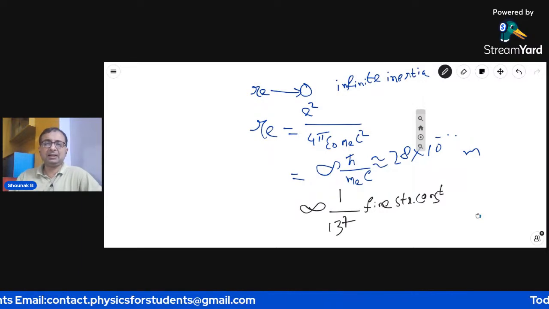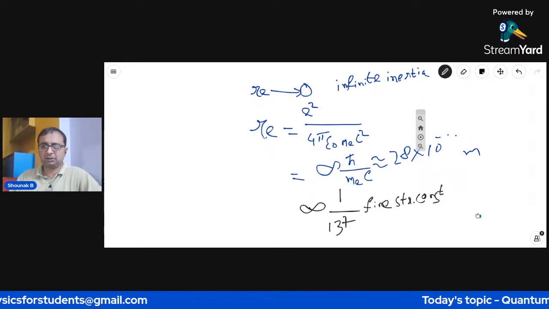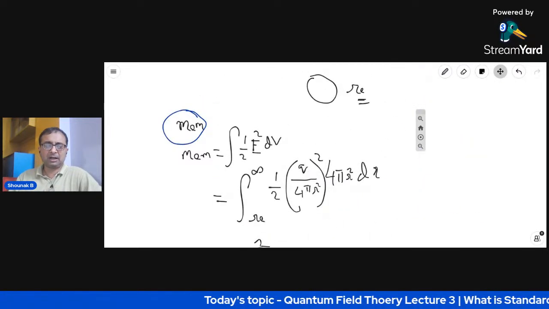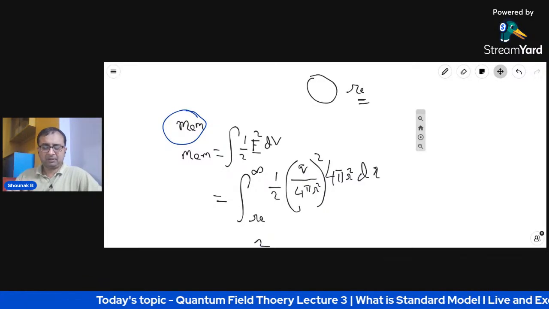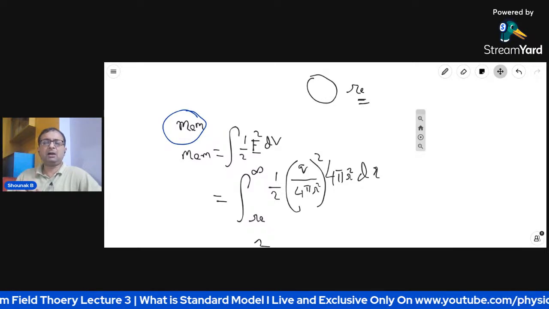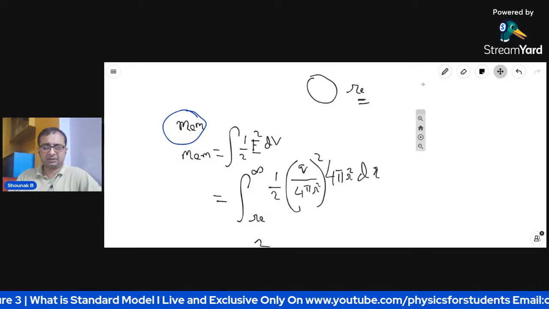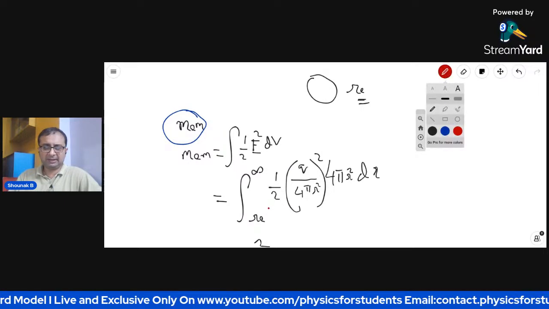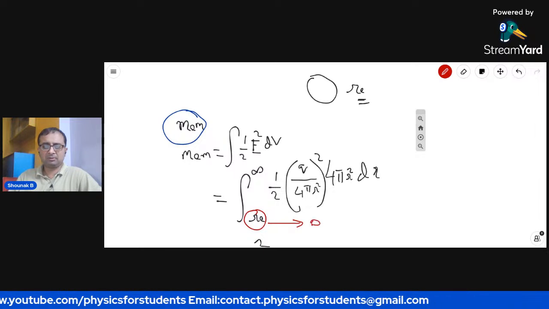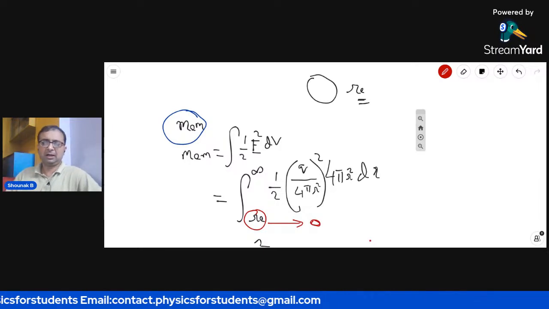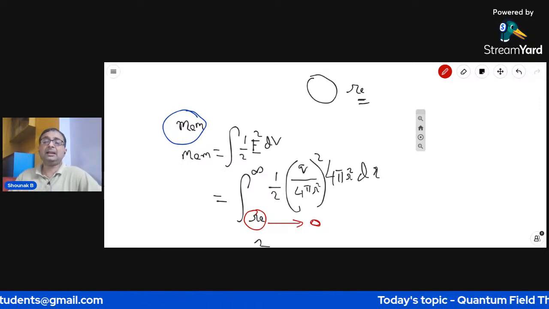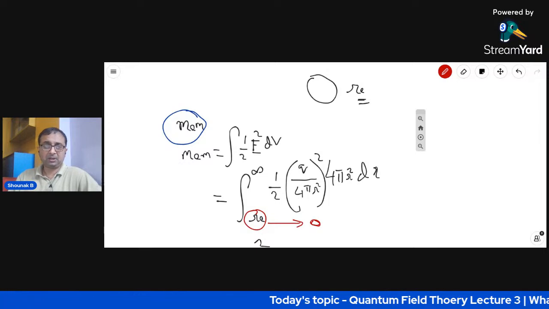So the basic idea of this equation is that we have taken a small mass, m, and we have taken the electrostatic field of that mass, and we have found that this particular radius, let me draw it in red, if it is going towards zero, this implies that the point particle would have an infinite inertia and hence it cannot be accelerated.